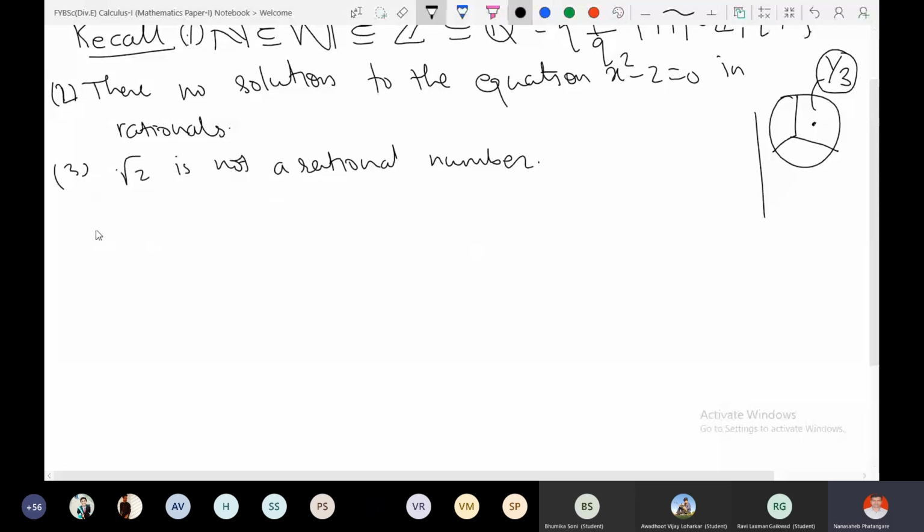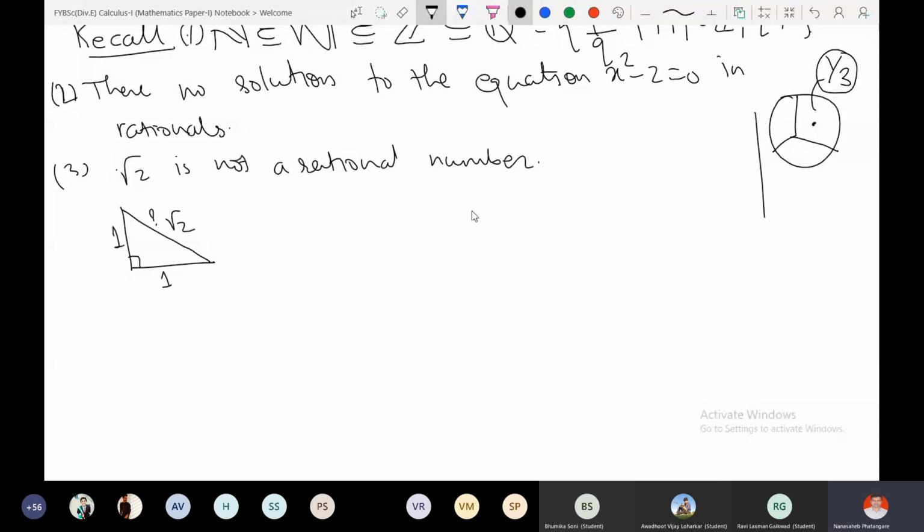If you look at a right angle triangle whose sides are 1, what is the length of the hypotenuse? Root 2, right? And why did such numbers come to mind?